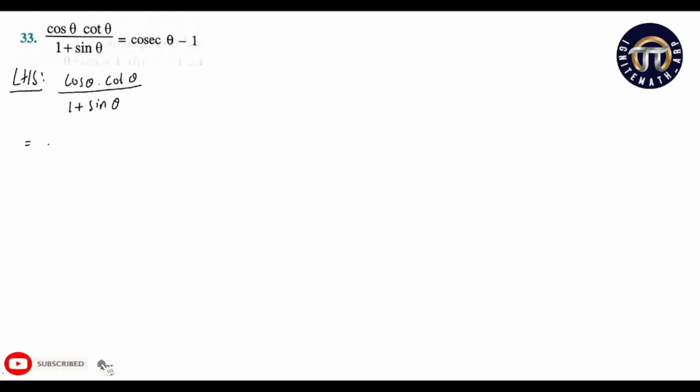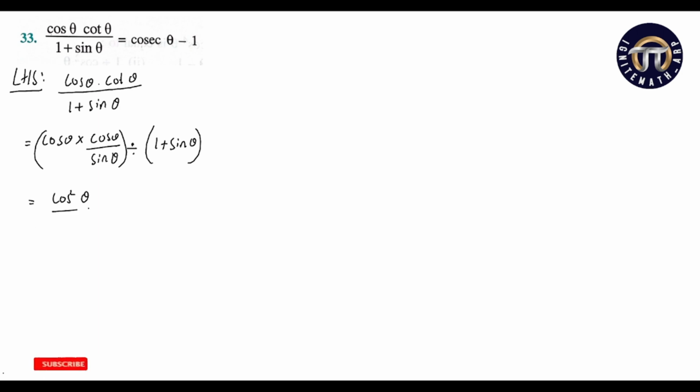So cos theta into cot theta can be written as cos theta by sin theta. Clear, children? So this divided by, here I have 1 plus sin theta, I will write in this way. So now when I multiply cos theta into cos theta, I'll get it as cos square theta divided by sin theta as it is into 1 by 1 plus sin theta. Now observe carefully, children.